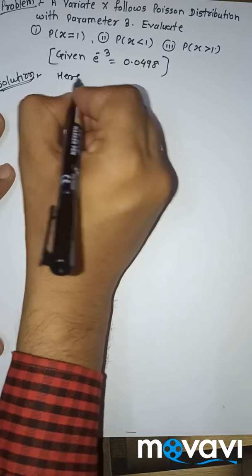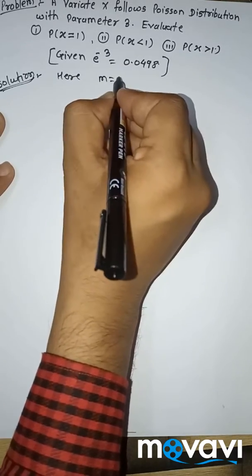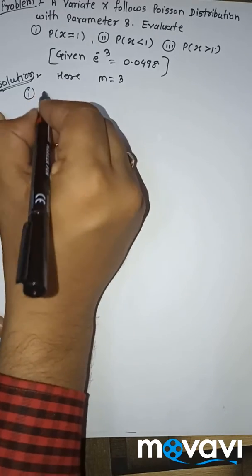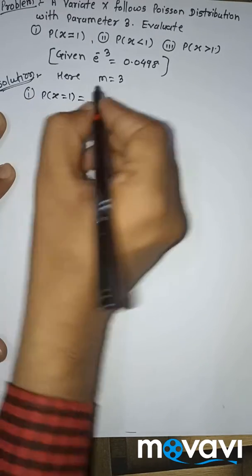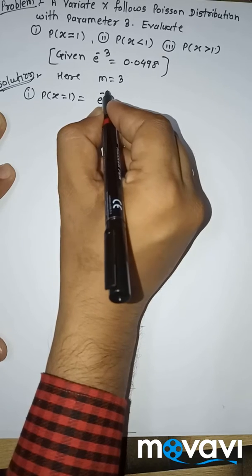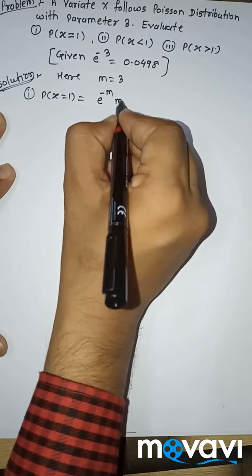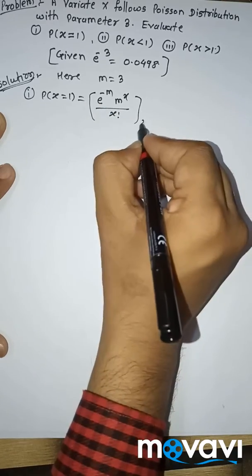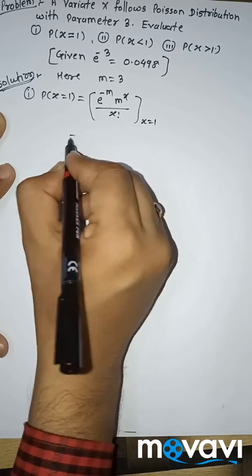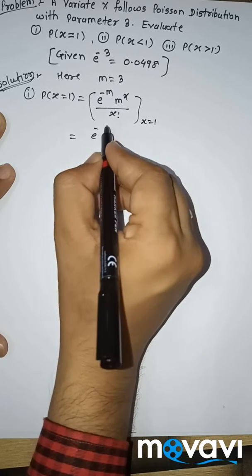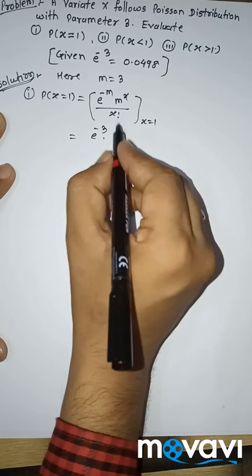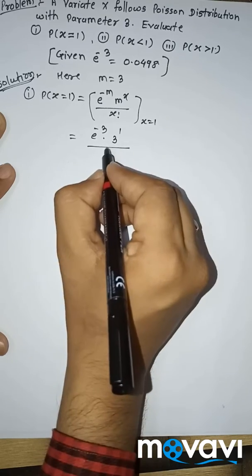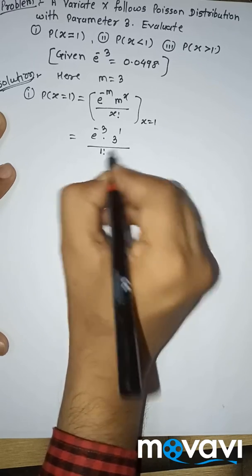Solution. Here value of m is given 3. First, probability of x equal to 1 is e raised to minus m, m raised to x upon x factorial. This is for x equal to 1. E raised to minus m is e raised to minus 3 into m raised to x, means 3 raised to 1, upon x factorial, x is 1 means 1 factorial.